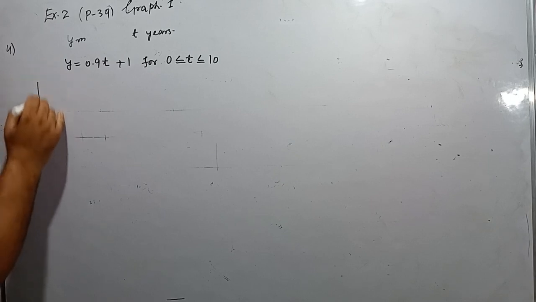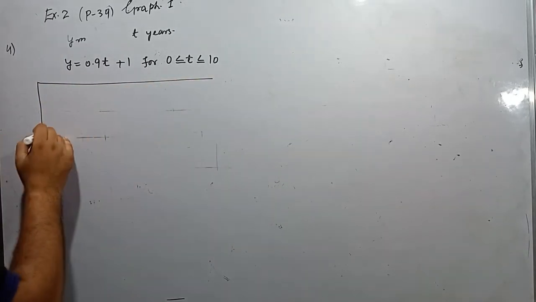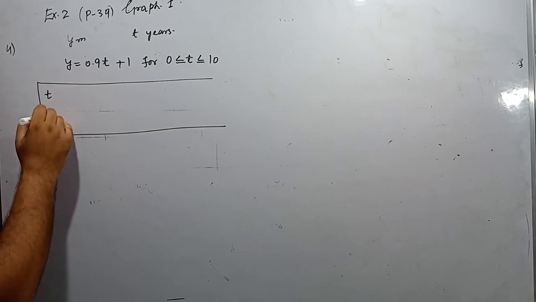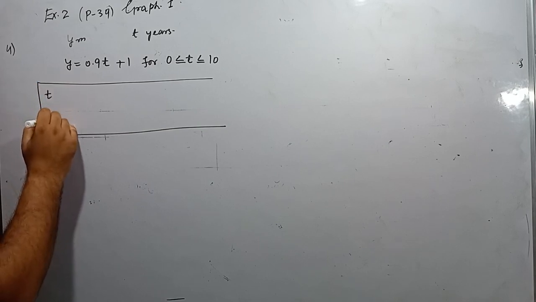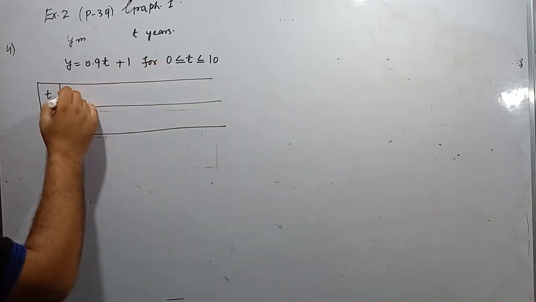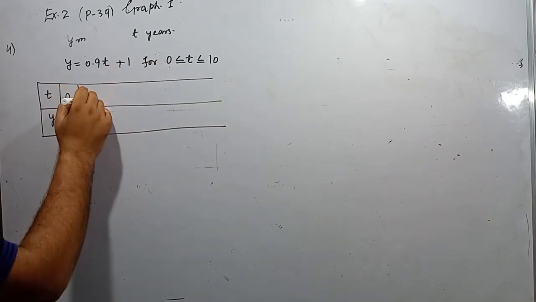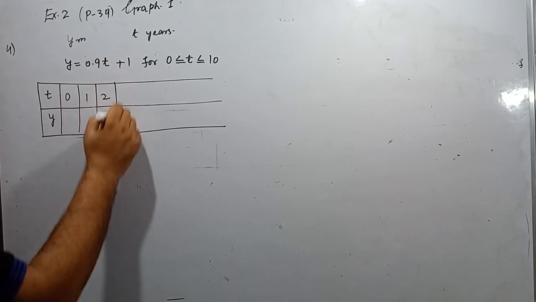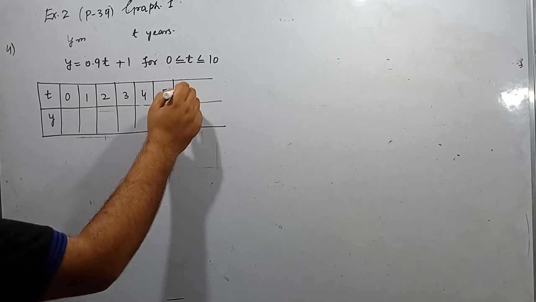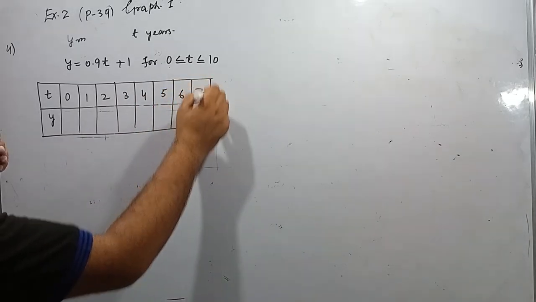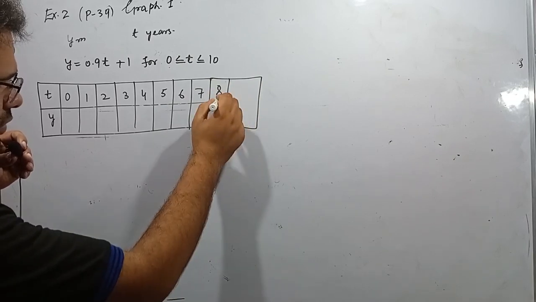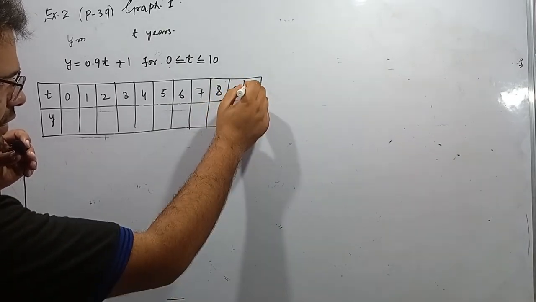So what I will do is make a table. In the table I will write t, then I will write y. You can write the values of t. What is the range? It's from 0, then 1, 2, 3, 4, 5, 6, 7, 8, 9, and finally 10.